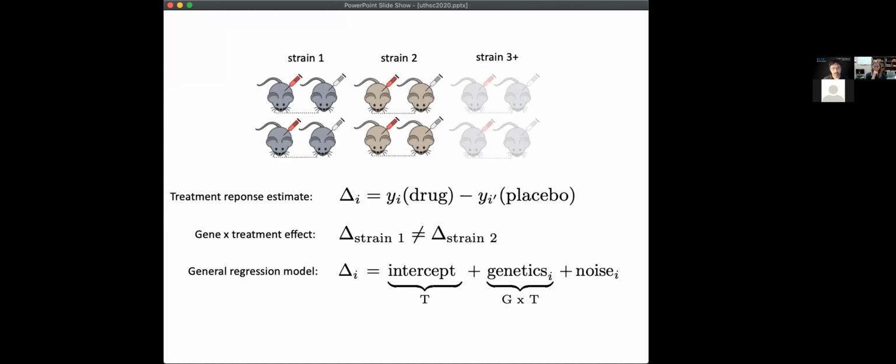So by using deltas, you get this fairly simple model.